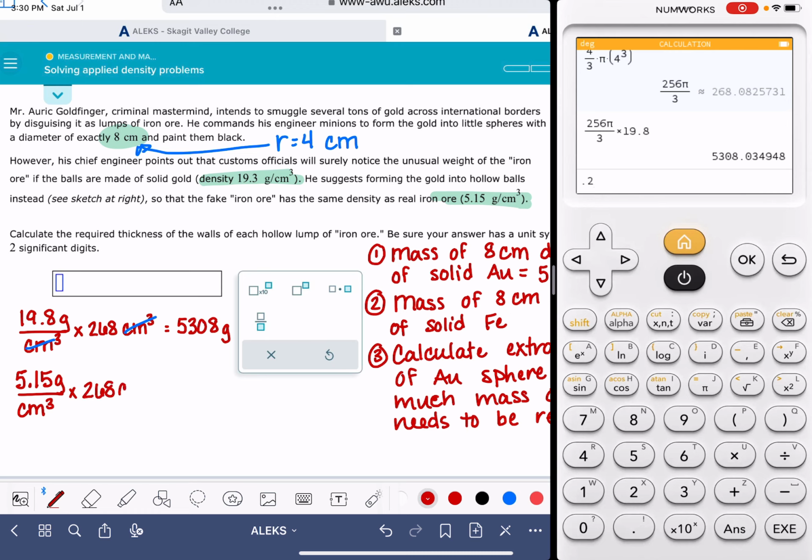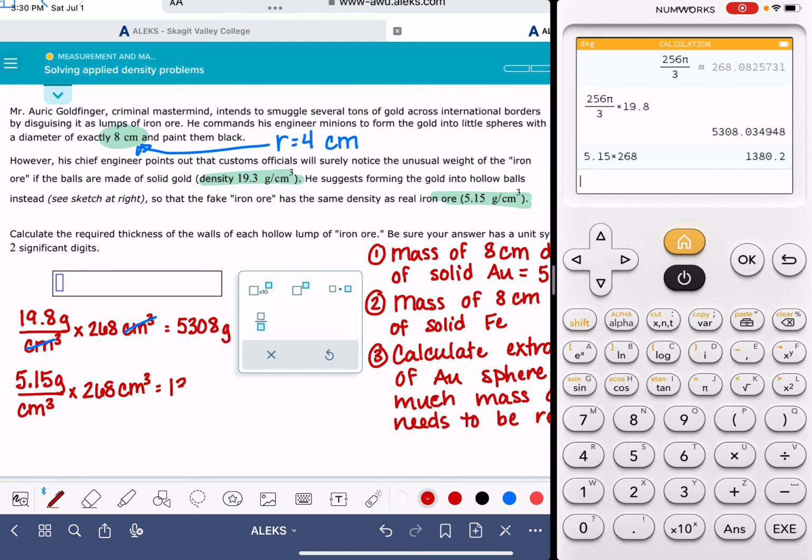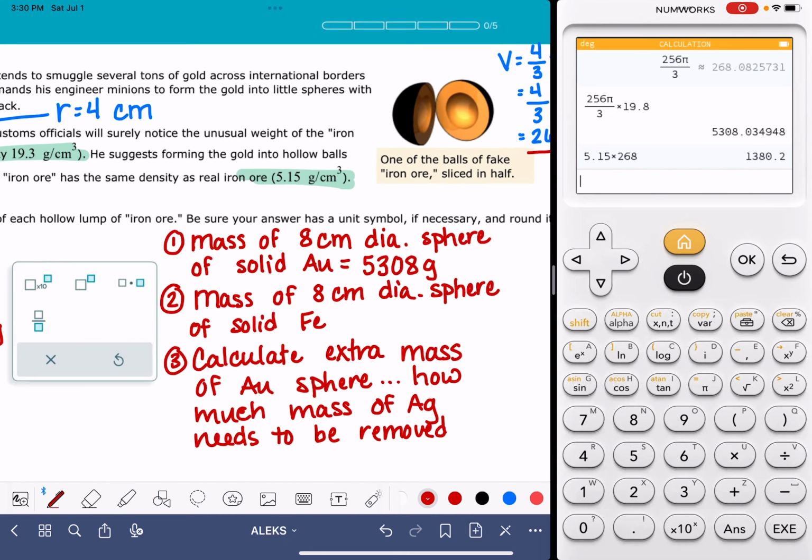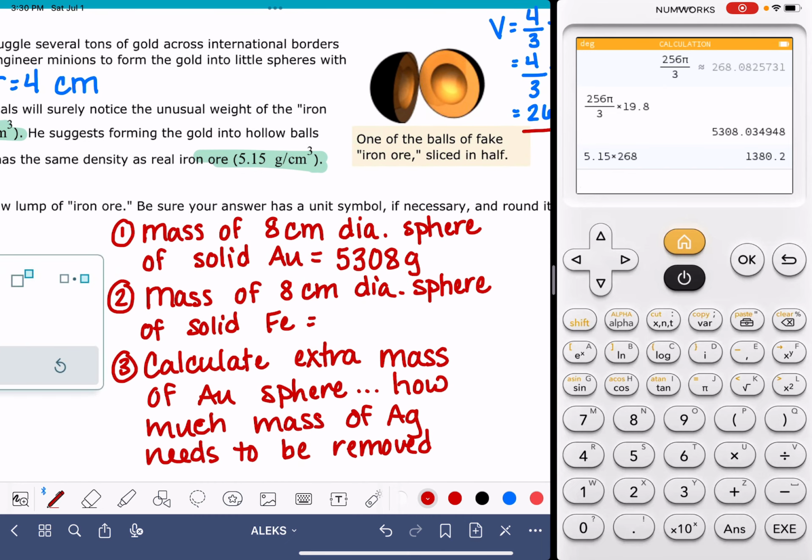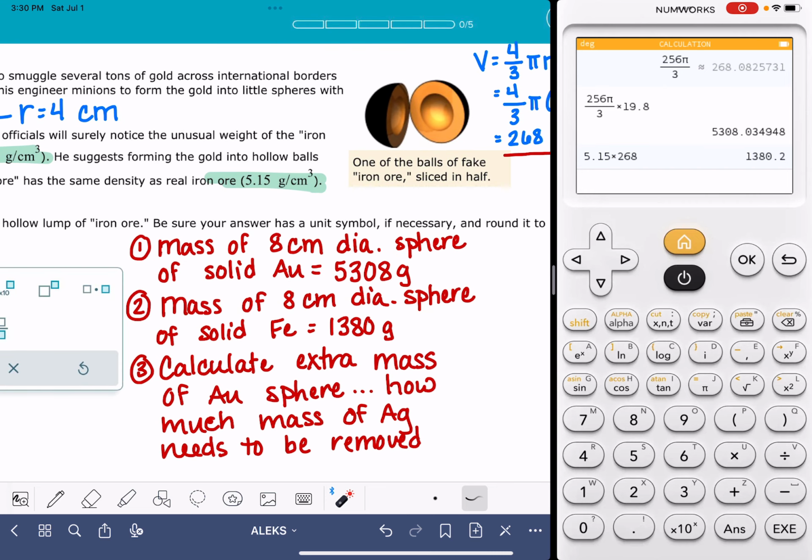Remember, it's the same size sphere in both situations. 5.15 times 268 is 1,380 grams. So if we had a sphere that was made out of solid iron, it would have a mass of 1,380 grams.